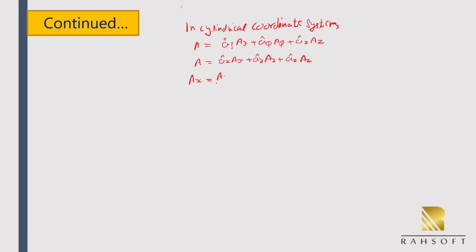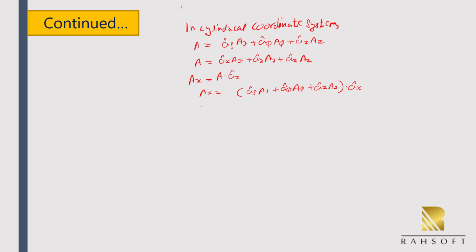So A_x will be equal to unit vector a_rho A_rho plus unit vector a_phi A_phi plus unit vector a_z A_z, and the dot product with unit vector a_x.